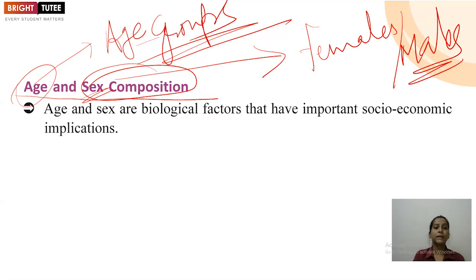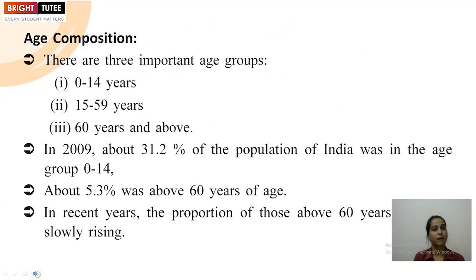Clear? Age composition and sex composition are biological factors that also have important socio-economic implications. We'll understand how these two compositions are important. Firstly, we are going to discuss age composition.